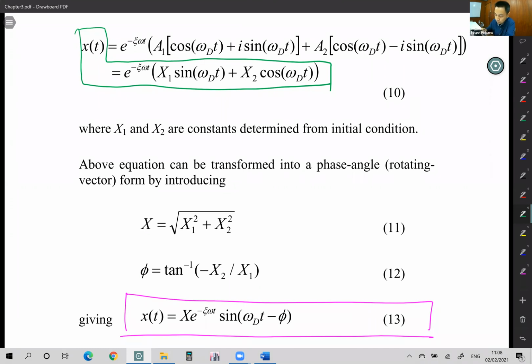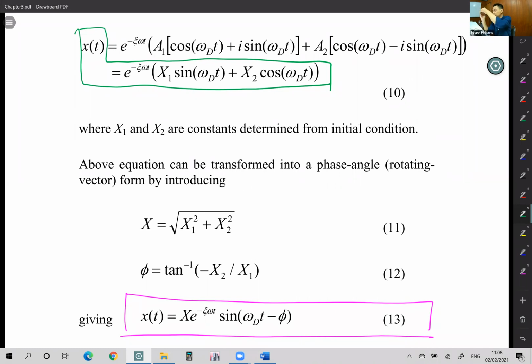Both of these arbitrary constants have to be determined from the initial conditions of your system. For example, if your building starts from an initial displacement of 1 meter, and you let it go with the initial velocity equal to 0, it moves back and forth like this, right?